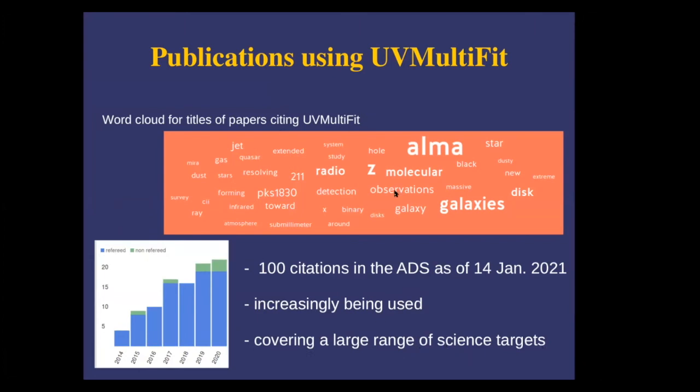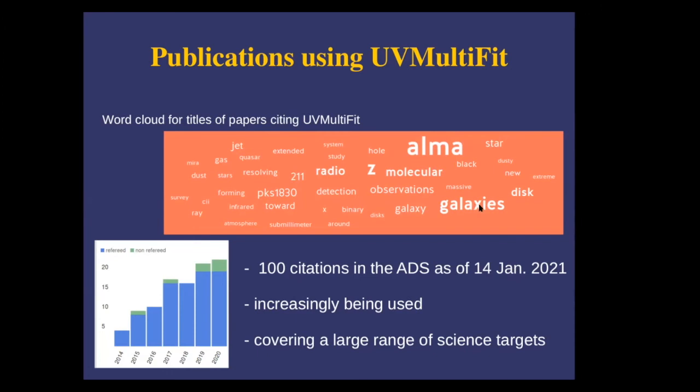Here I retrieved all the papers citing UVMultiFit from the ADS. I got their titles, and I did this word cloud exercise of the words that are most recurrent in these titles. And you see, not surprisingly, that ALMA is very recurrent.